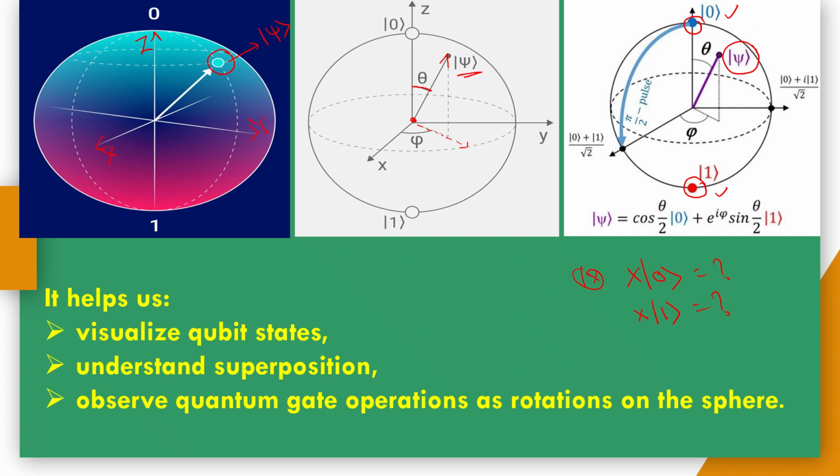We can also observe quantum gate operations as rotations on the sphere. What will happen if this state is operated by the X gate, the Y gate or the Z gate? The gate information will be shared in another video, but there is a possibility to understand what happens if any specific gate operates on a particular state. Any change on that state can be seen as a rotation on the sphere.